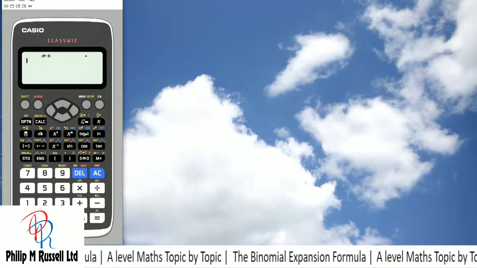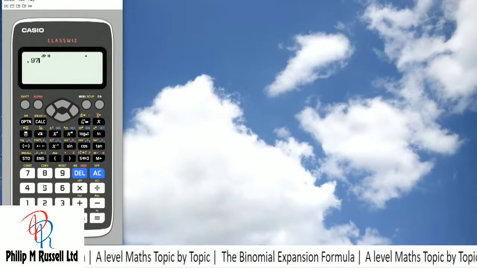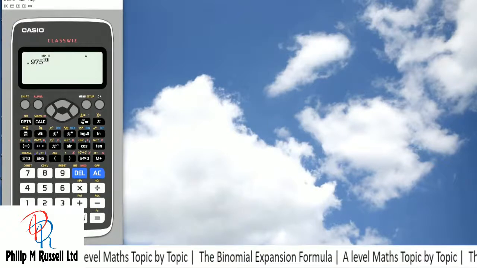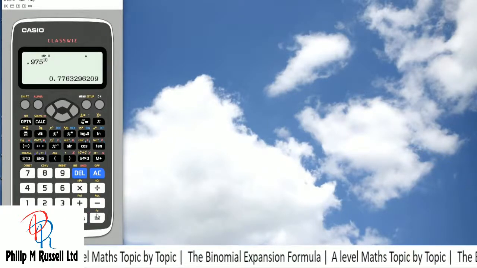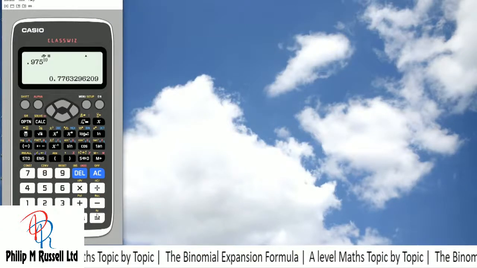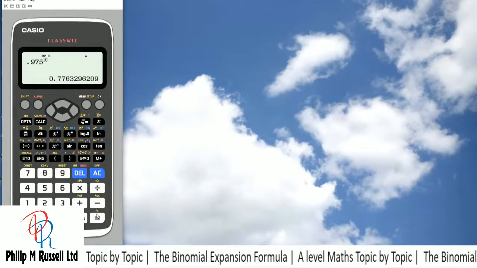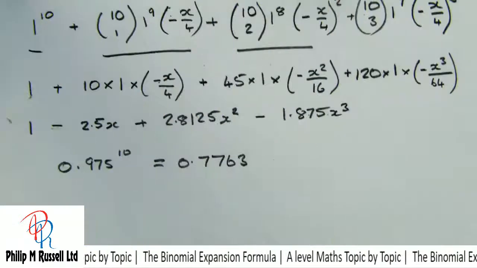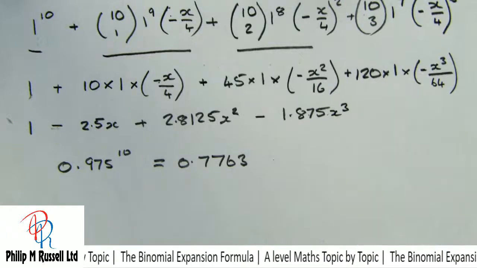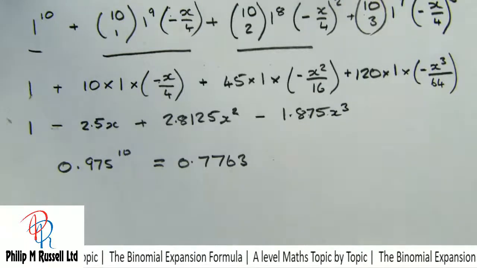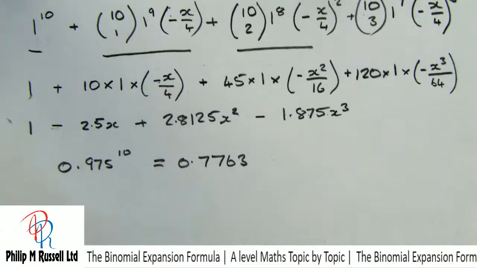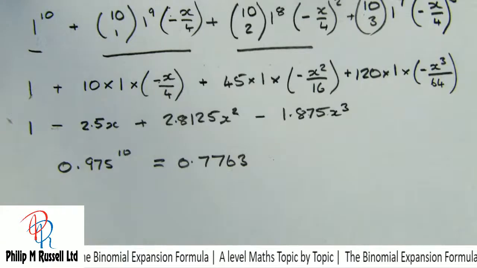So all I have to do is put in 0.975 to the power of 10, and that's going to give me my answer, 0.7763. Okay, so that was easy, but what we're going to try and do is use my binomial expansion to try and work this out, and we'll see how accurate we actually get.